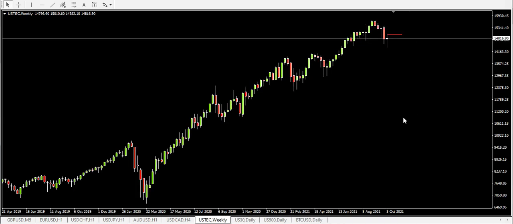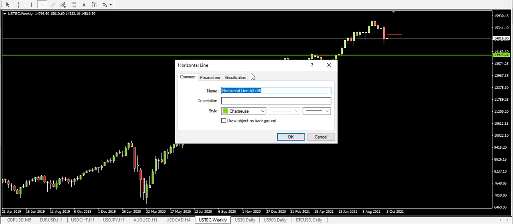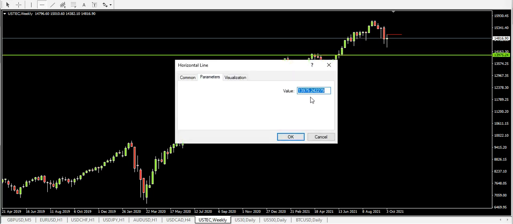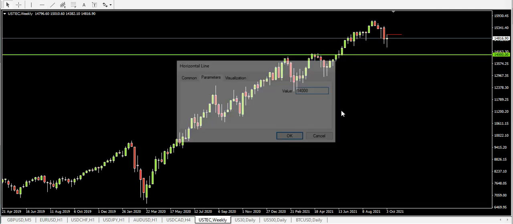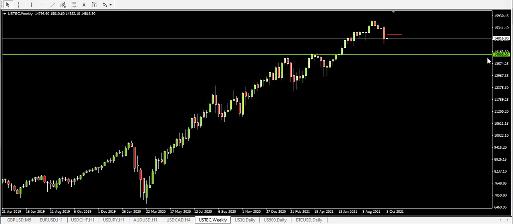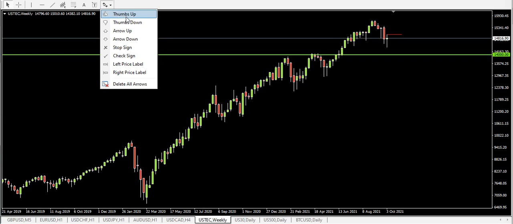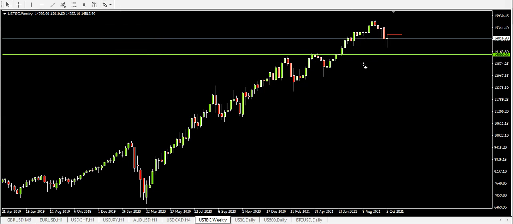Now the market gives clues, and the market also likes round numbers. So I'm going to take a horizontal line, put it onto the chart, and change the parameters to 14,000, which is a round number. Let me draw some arrows in here.